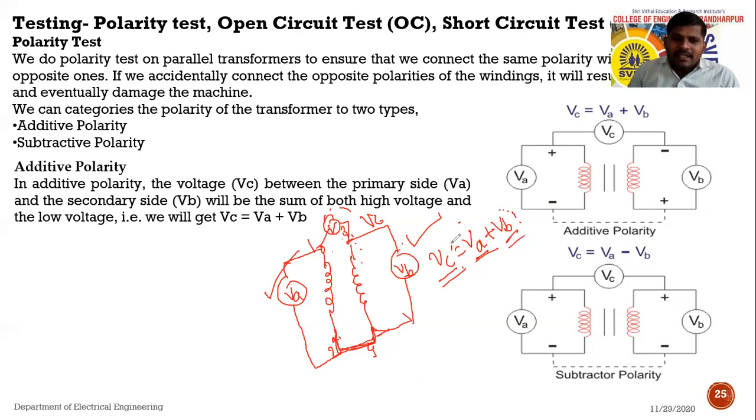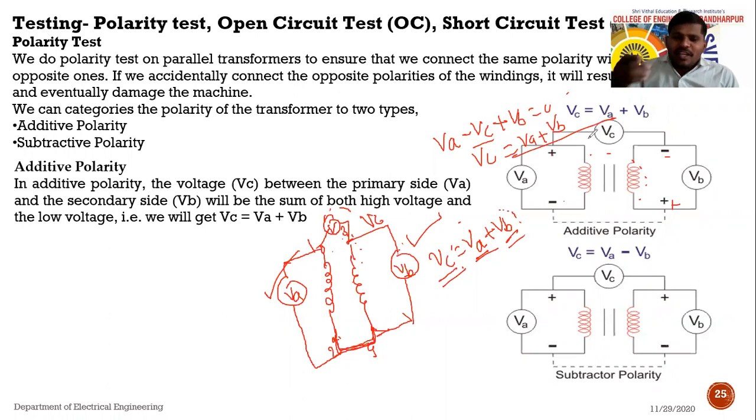Additive polarity, that means here it is negative, here it is positive, here it is negative, here it is positive. Suppose we apply KVL, it will be like this: positive VA minus VC plus VB equals 0. Then VC shifts to the right-hand side, so VC equals VA plus VB.